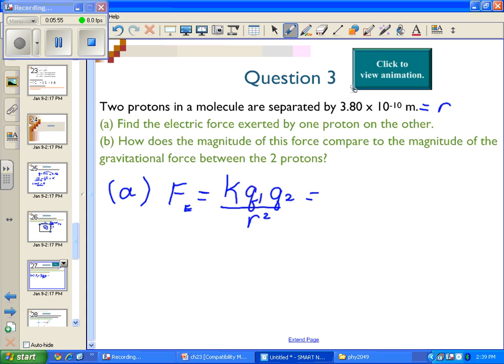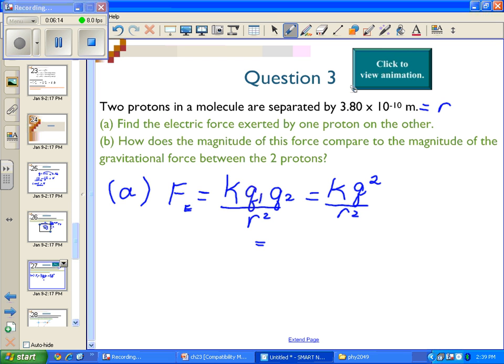But we can simplify this because we know that the charge on proton 1 is the same as the charge on proton 2, so essentially Q1 equals Q2, and so we can just say it equals Q squared divided by R squared.